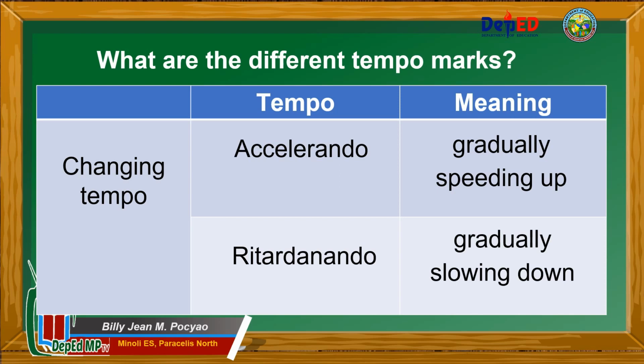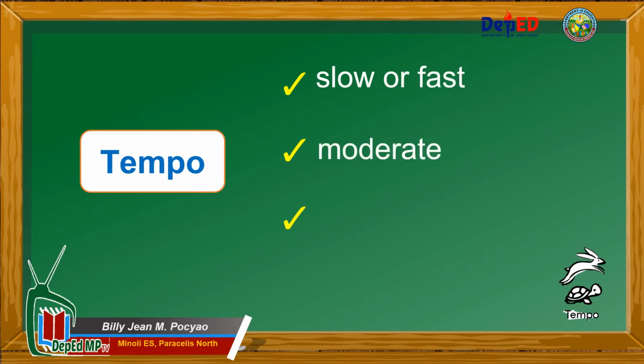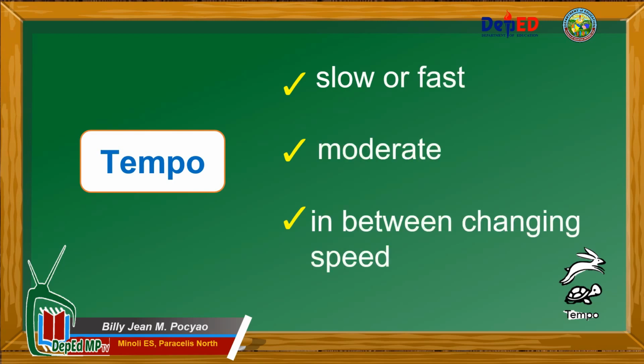Retardando, however, is commonly found at the end of a musical piece. Composers use different tempo markings to make their compositions more meaningful and interesting, like the changing tempo. So, tempo can be slow or fast, it can be moderate, and it can be in between changing speed.